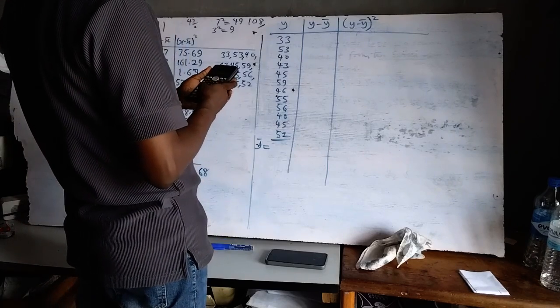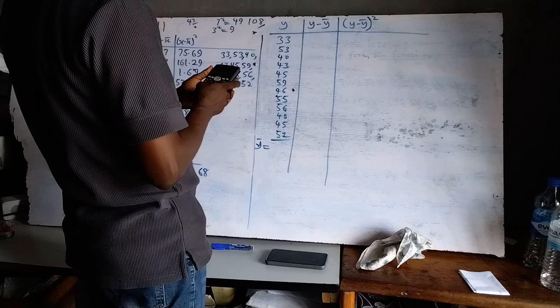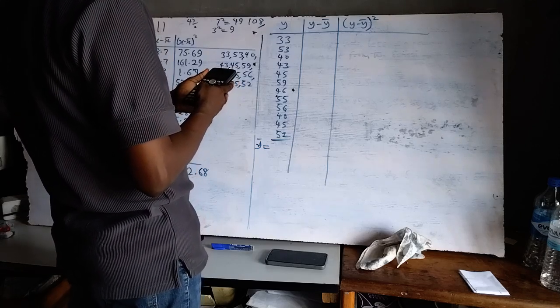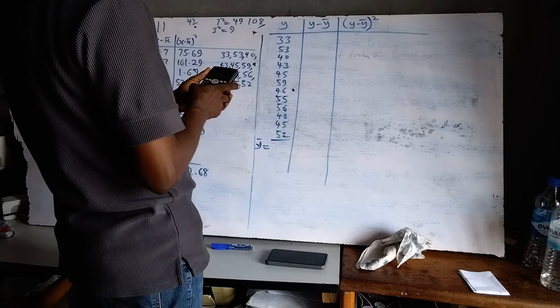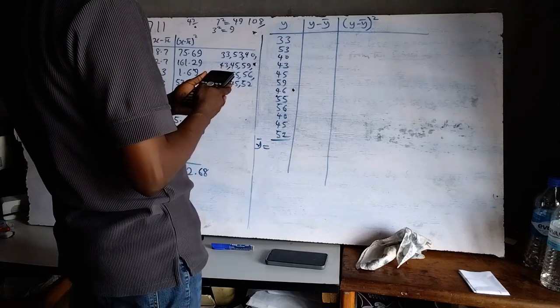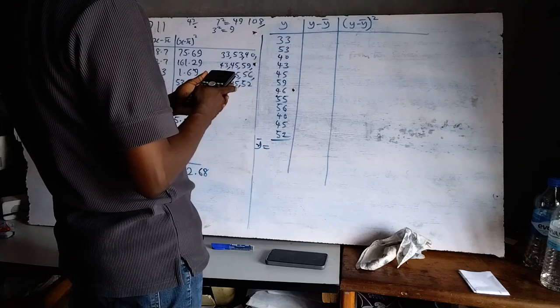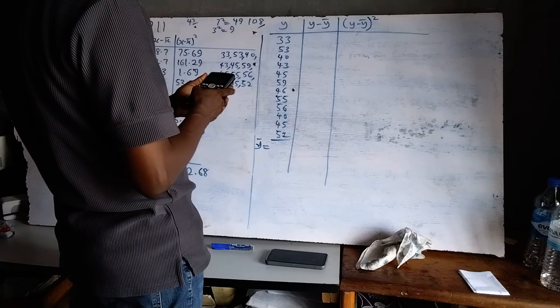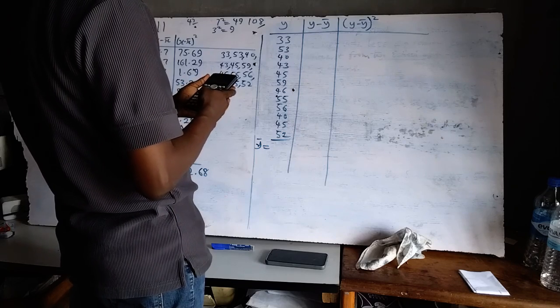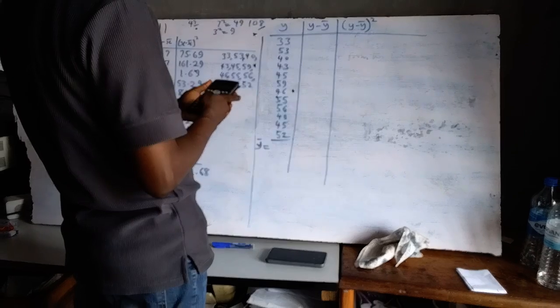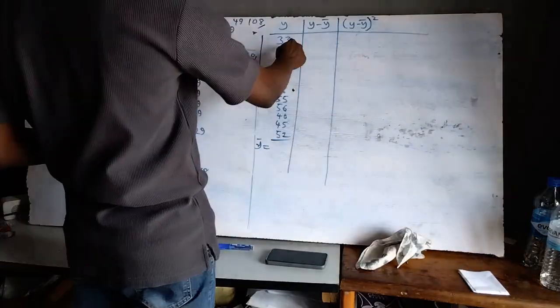So let's go. 33 plus 53 plus 40 plus 43 plus 45 plus 59 plus 46 plus 55 plus 56 plus 40 plus 45 plus 52.